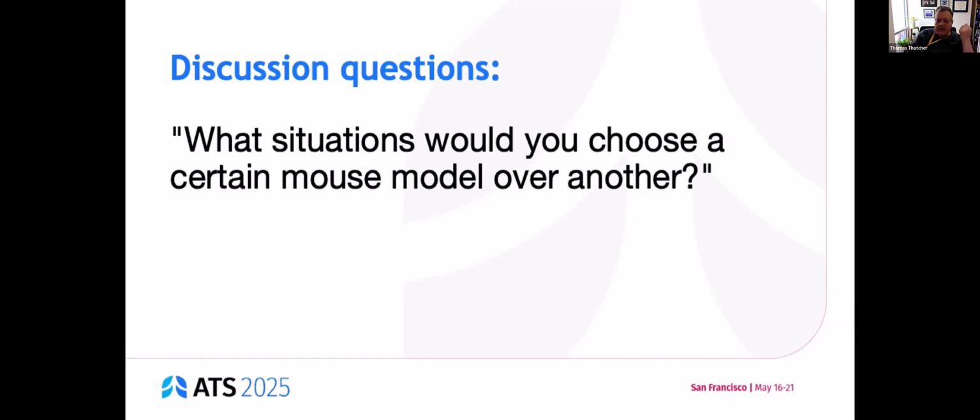I don't know anything about variations between different substrains outside of the US, but there are dozens of genetic differences between the Black 6 strains. To what extent, if you report that you're doing Black 6, but they're completely different, do we ask where you got them from and what the vendor is?